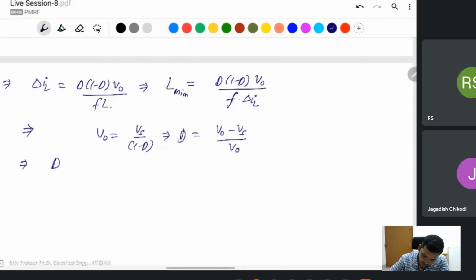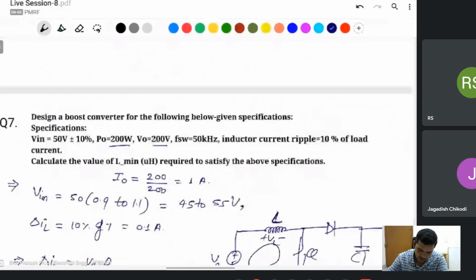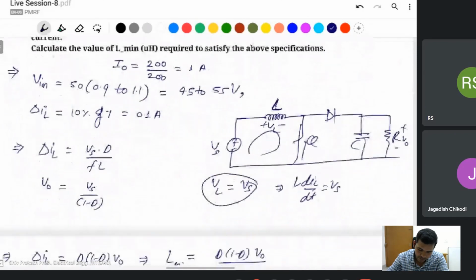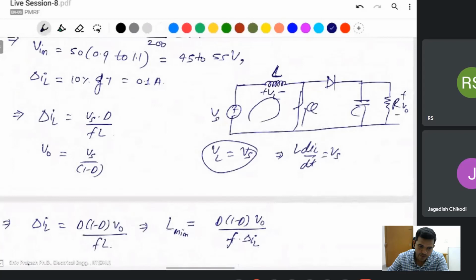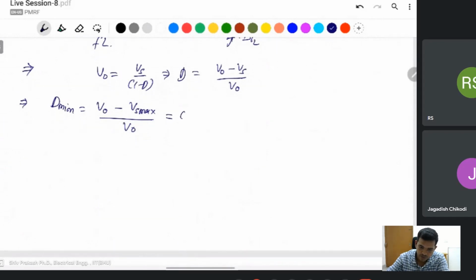Then D minimum is V output minus VS maximum divided by V output. 200 volt minus VS maximum 55, divided by 200, is 0.725.